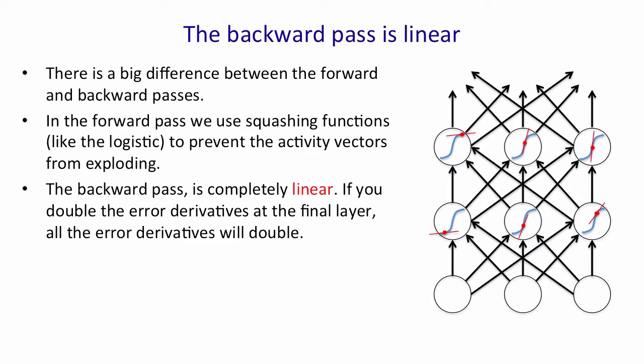You now backpropagate, and the backpropagation is like going forwards through a linear system in which the slope of the nonlinearity has been fixed. Of course, each time you backpropagate, the slopes will be different because they were determined by the forward pass. But during the backpropagation, it's a linear system, and so it suffers from a problem of linear systems, which is when you iterate, they tend to either explode or die.